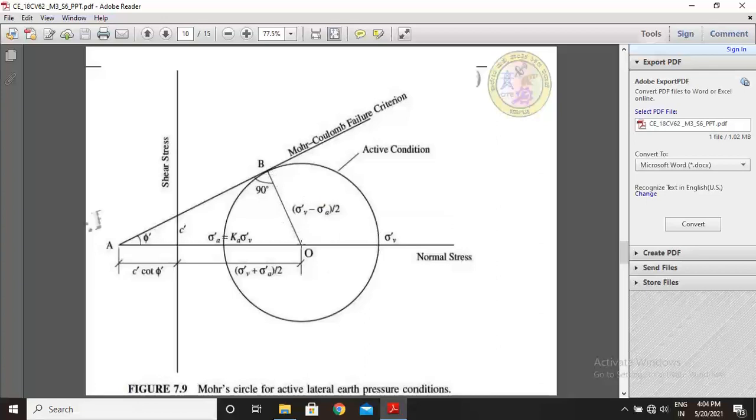This line is perpendicular to this line, and we define this line as the Mohr-Coulomb failure criterion. So this diagram is the explanation for active conditions.